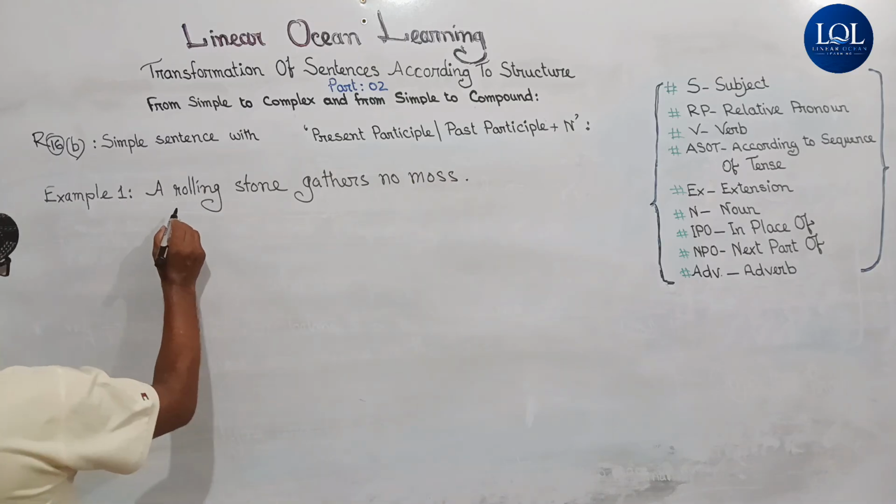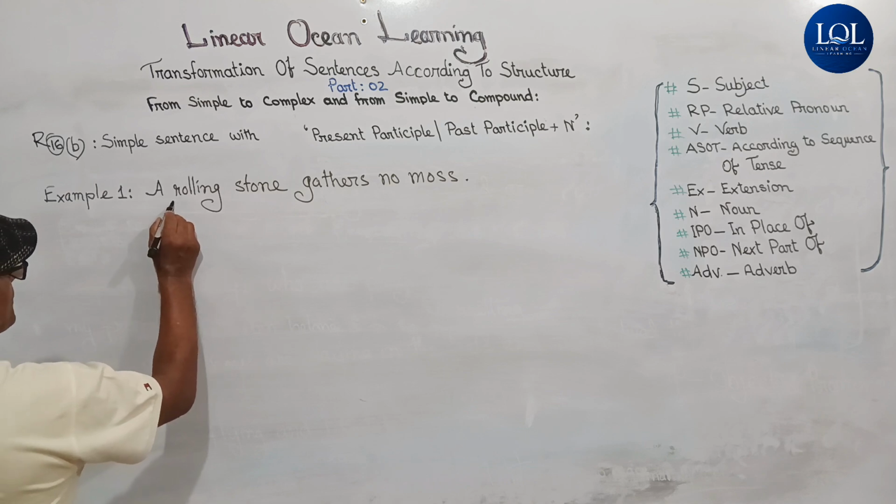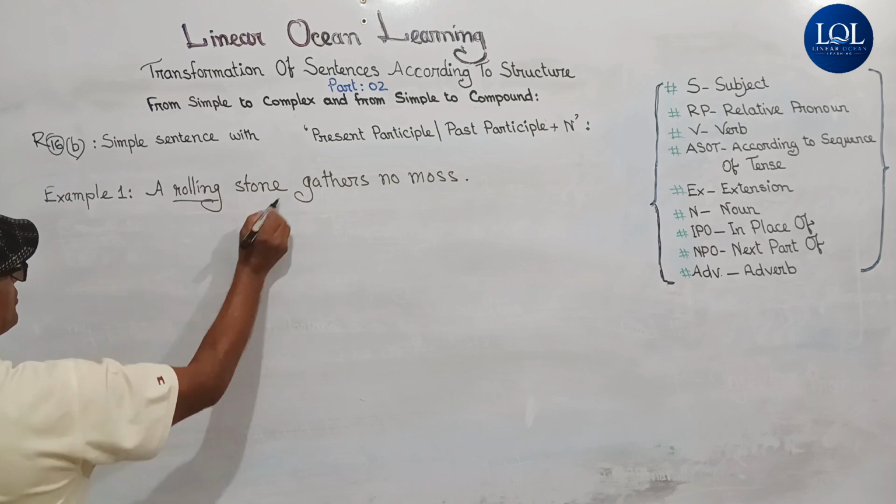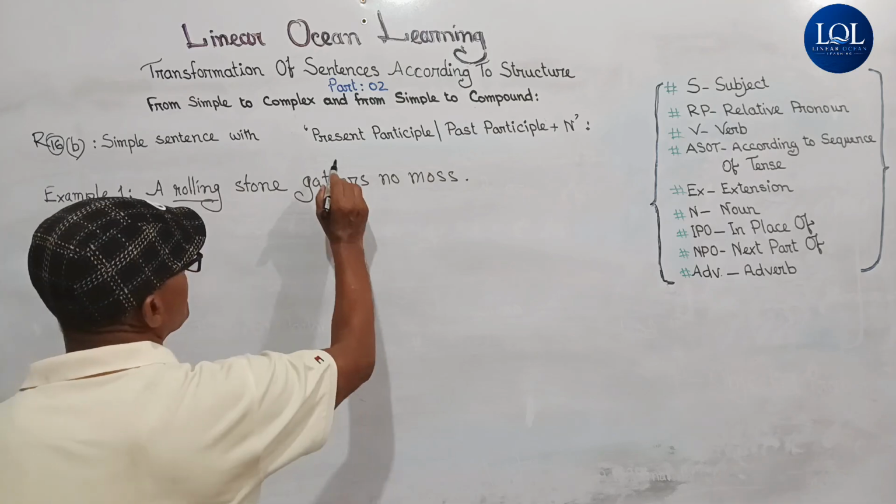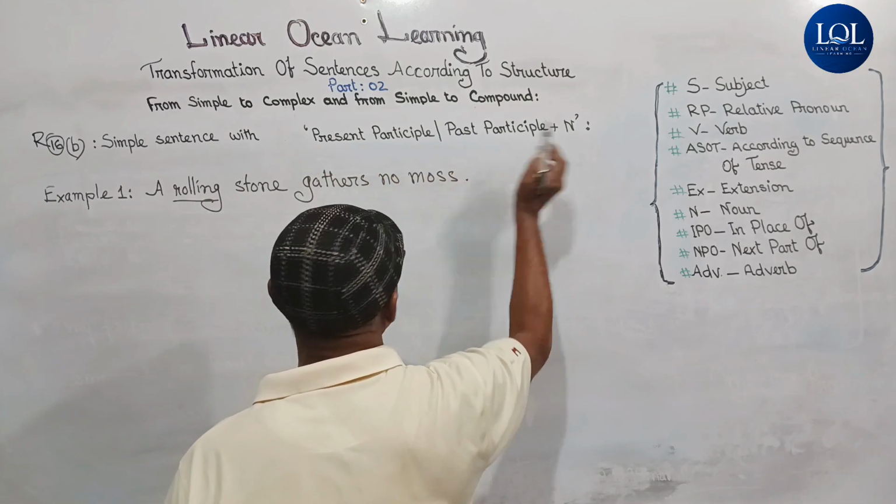Here, rolling is the present participle and stone is the noun. Present participle or past participle plus noun.